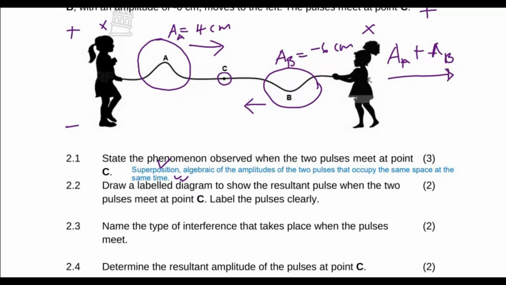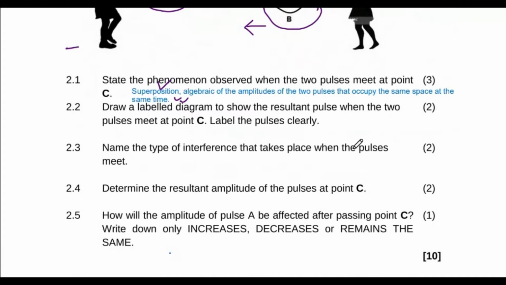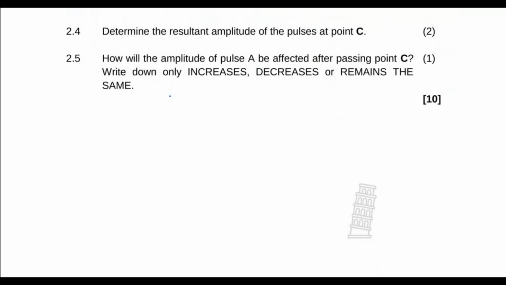Now draw a labeled diagram to show the resultant pulse when the two pulses meet at point C. Label the pulses clearly, so you must include all the pulses there. I don't have space, so let me check at the bottom. To draw this, we have the equilibrium, the position of no disturbance.